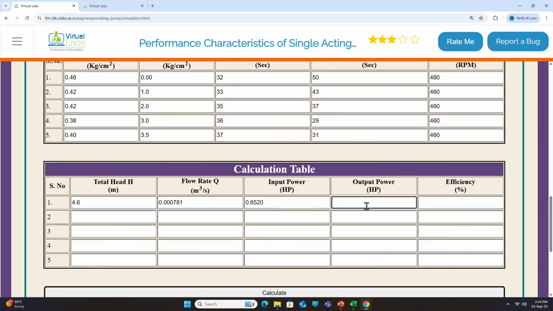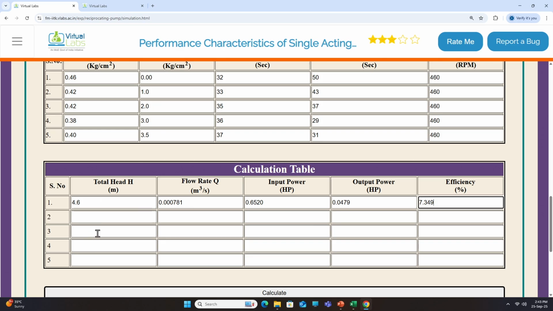We calculated the output power as 0.0479. This gave me an efficiency of around 7.349 only.